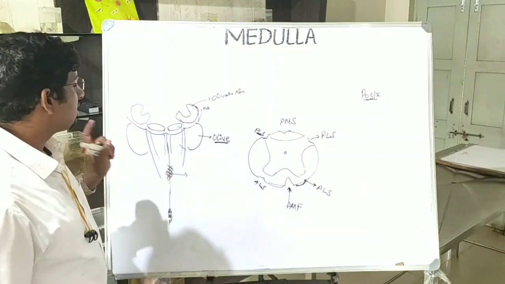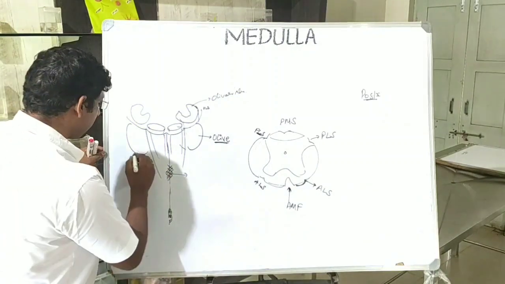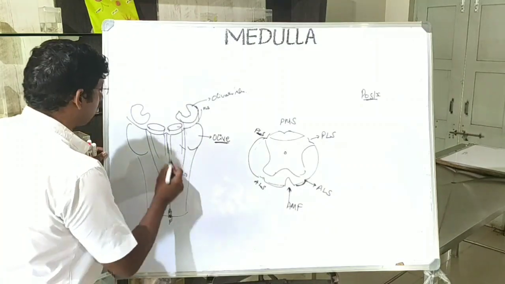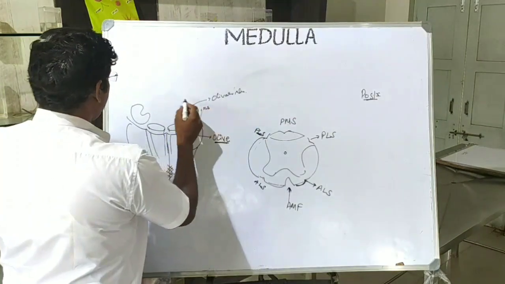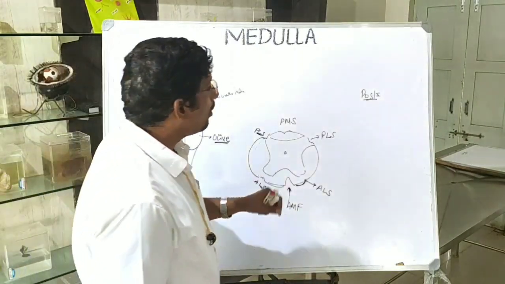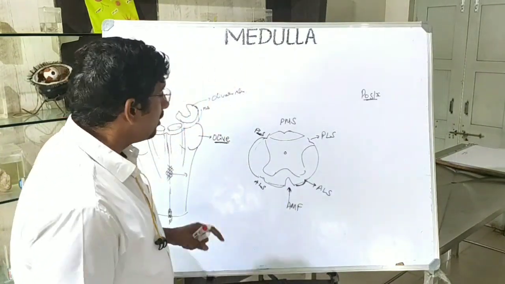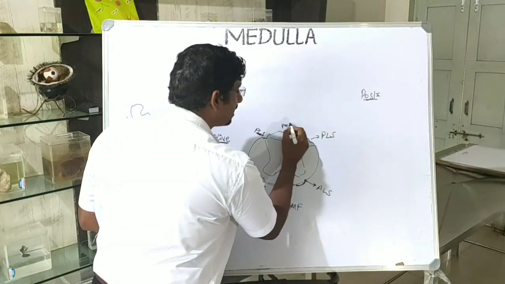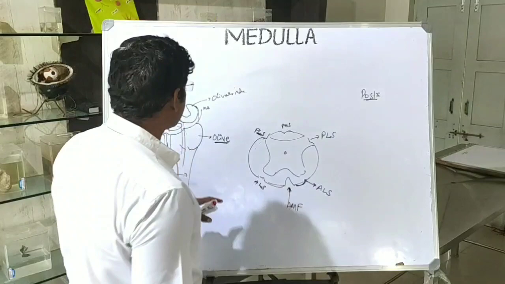Right. Now this is about the anterior side, and this is the medulla. Now we will complete our portion here. This is about the anterior view. If you go to the posterior side, we will see again what is there. This is the posterior median sulcus and the posterior lateral sulcus.